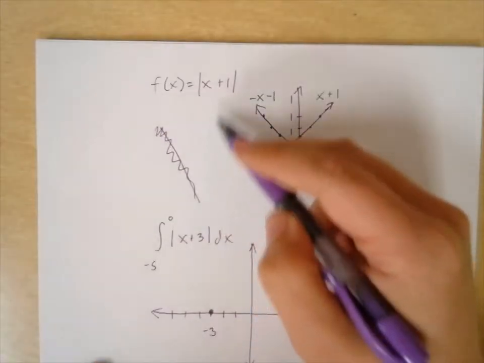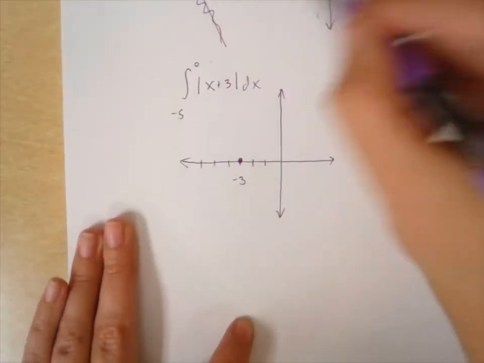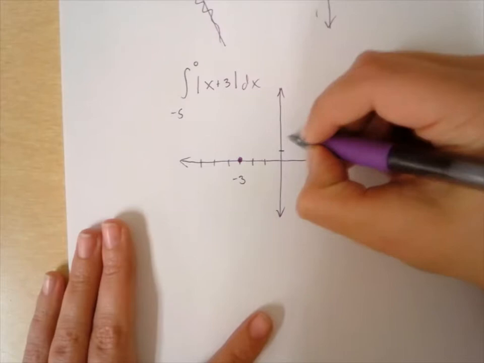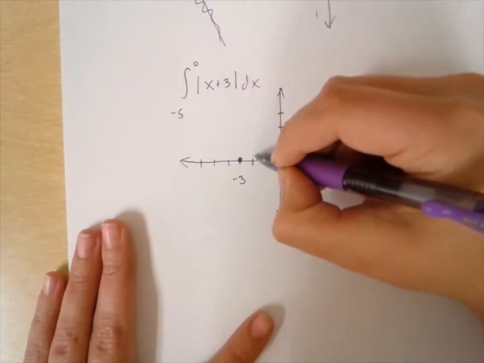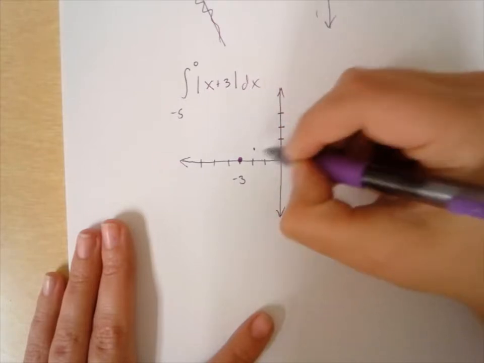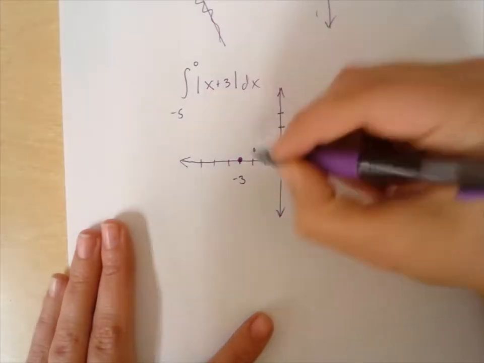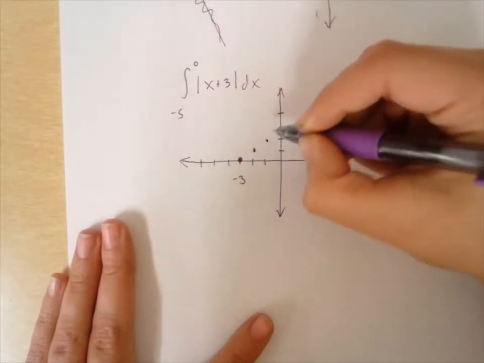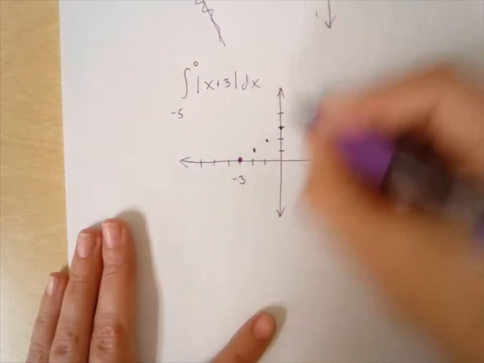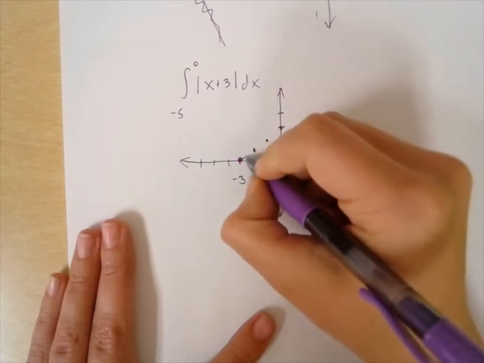Similar as before, our slope in front of x is going to be a 1, and so we're going to go up 1 over 1 in both directions. Up 1 over 1, and then up 1 over 1 once more, and I can see the triangle starting to take shape.